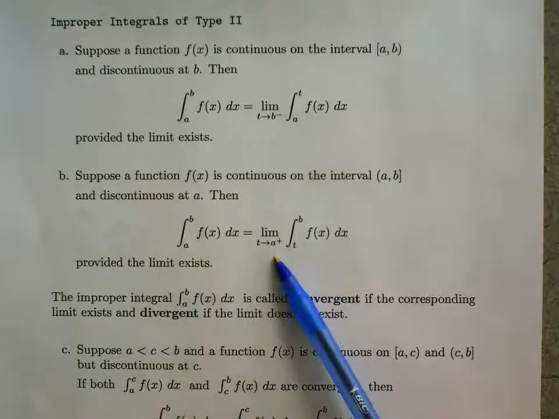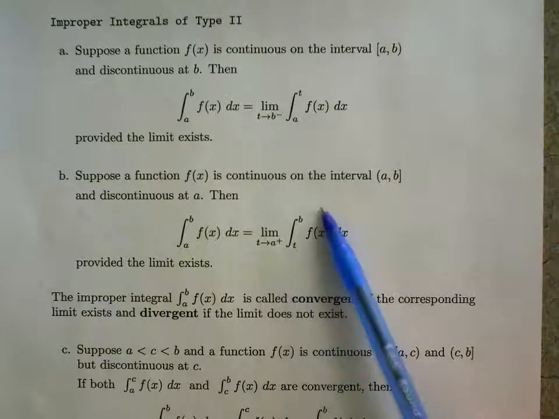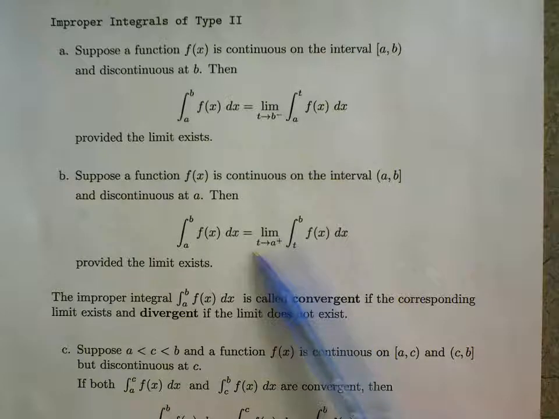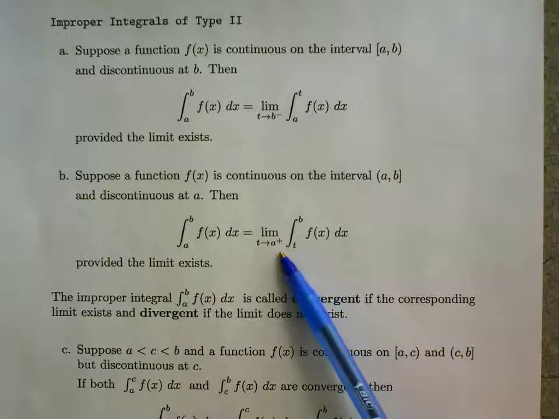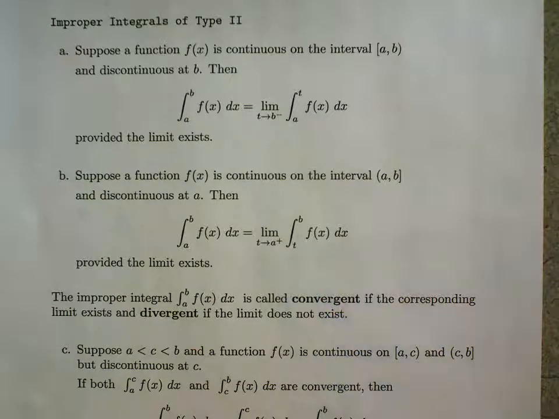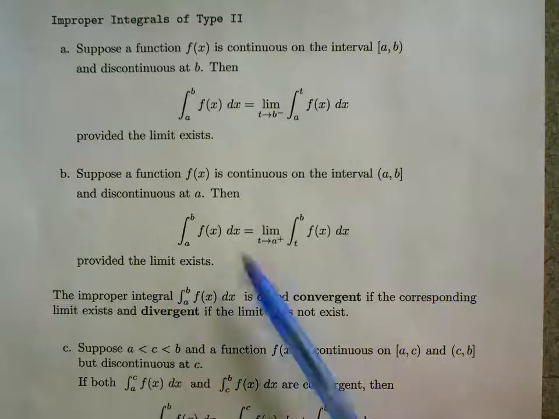And this time, the limit of the definite integral from t to b of f of x as t approaches a from above or from the right. And if the limit exists, that's the value of that improper integral.